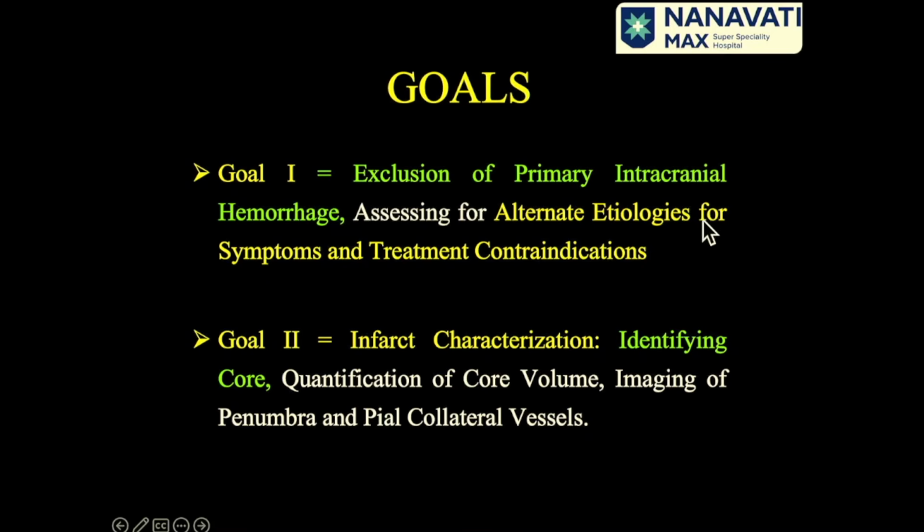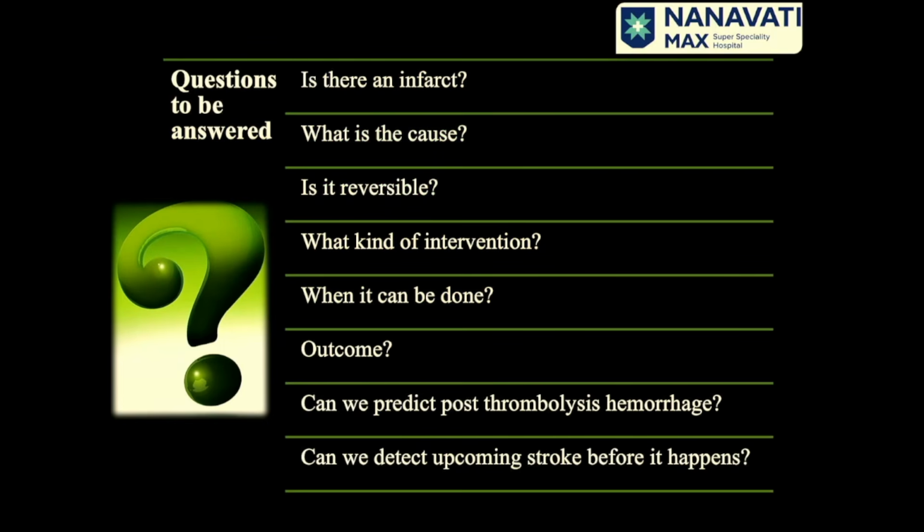Goal 1 is to exclude primary intracranial hemorrhage, and 2, characterize if the patient has the stroke. That means you identify the core, quantify the core volume, and image the penumbra and collateral vessels, which are important because that actually comes out with the quantification and the outcomes of the stroke patients.